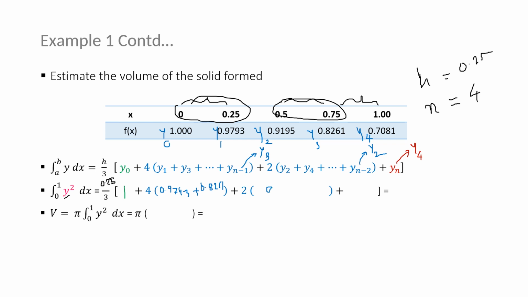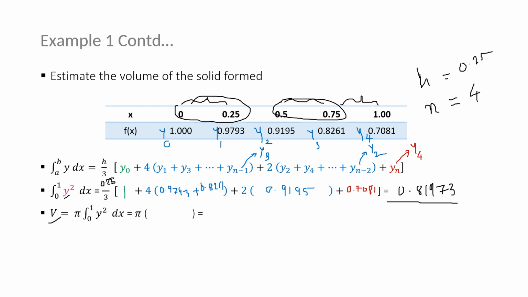So this should be 0.9195, plus the last term in brown color is y4, hence 0.7081. Okay, so if you calculate this value, you should get 0.8197. Okay, so you can verify that value using a calculator.